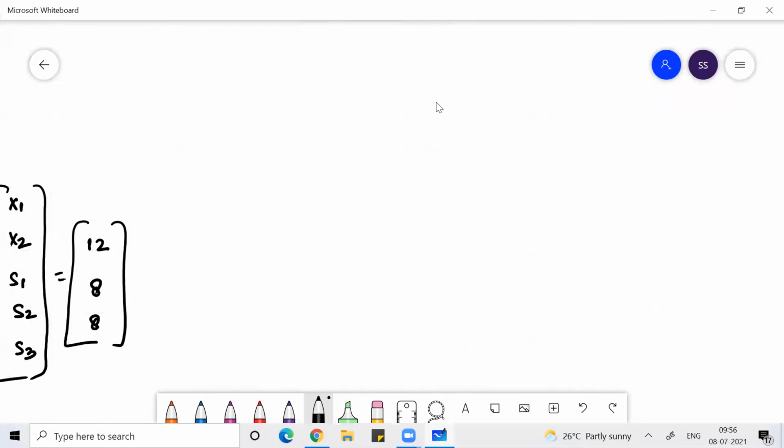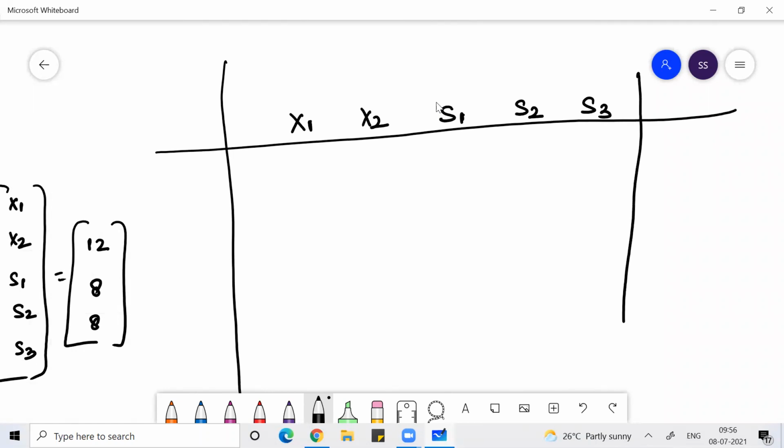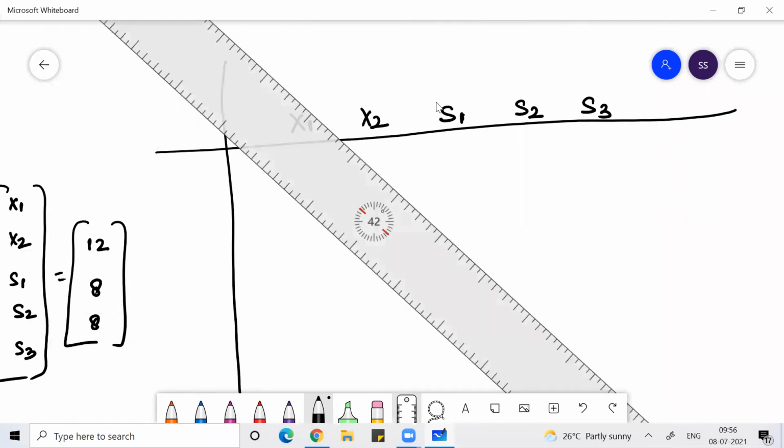Clear, everyone? So here you can write x1, x2, s1, s2, s3. You can draw a line like this.